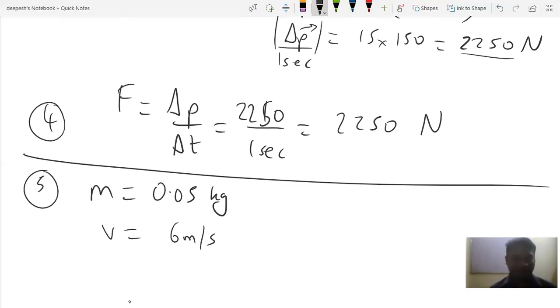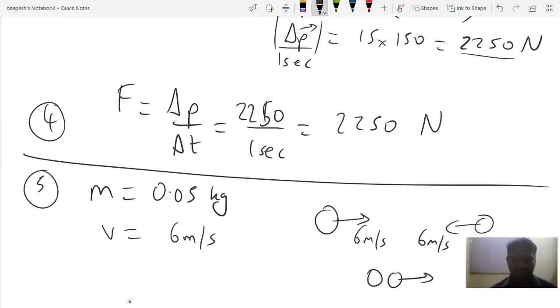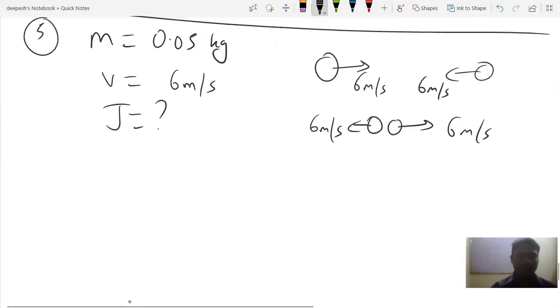They collide and rebound with the same speed. In this case, we have to calculate the impulse imparted to each ball due to the other.